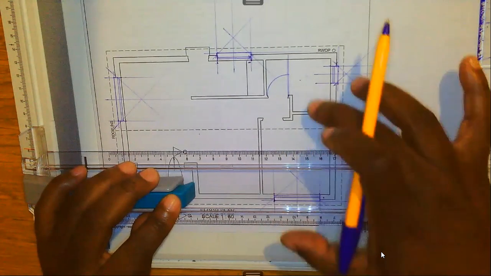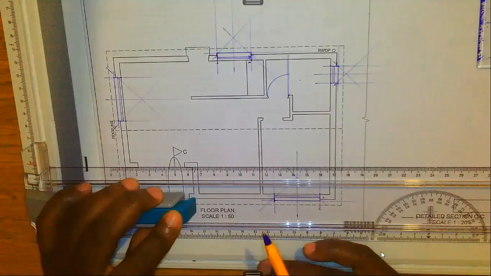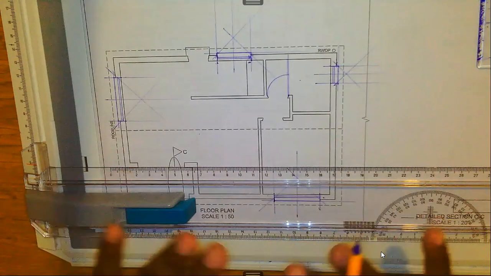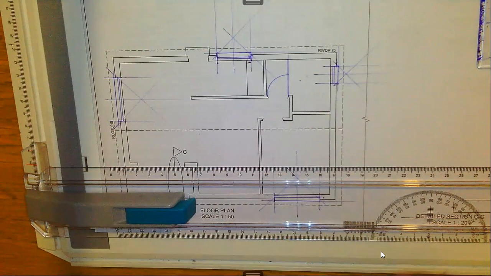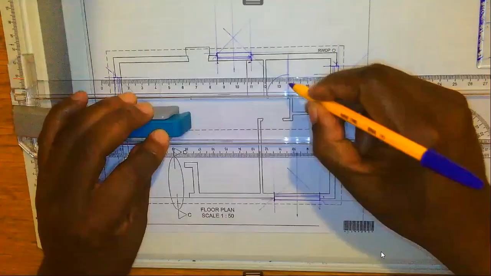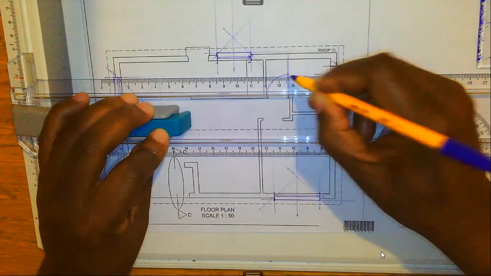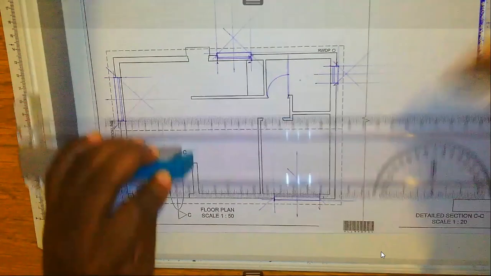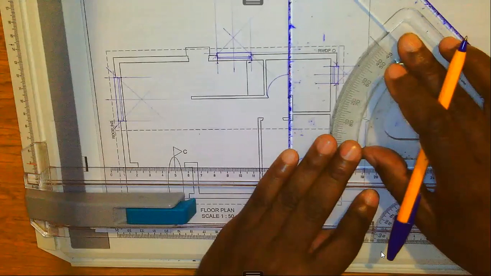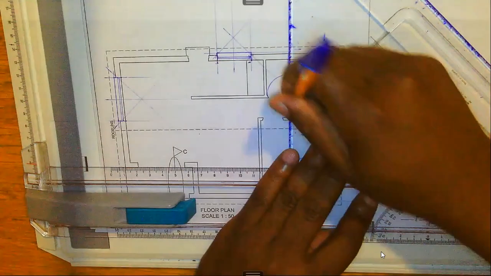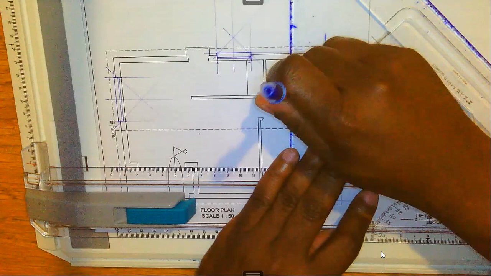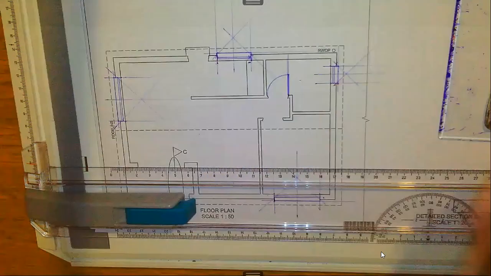But sometimes because of the nature of the design, you would find that you disregard all that. So I'm going to do this and that, then outline this, outline that part and also that part. There you go. Now I have got my door in position with regards to the bathroom area.